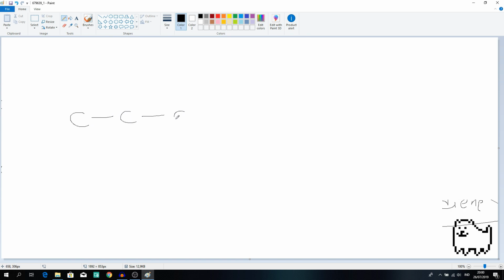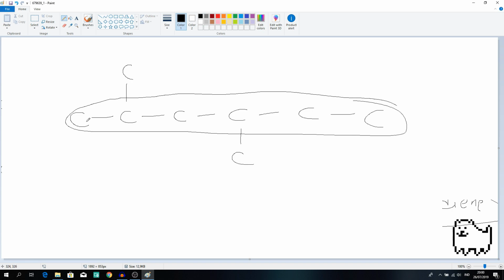So let's say you have a longer chain here, and you have one methyl here and another methyl here. So it's pretty easy to identify the longer chain. It's this one right here. Just count 1, 2, 3, 4, 5, 6. It's hexane.